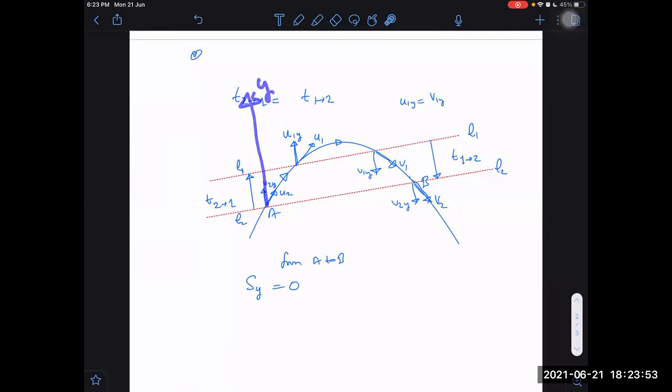I am taking the perpendicular axis as the y-axis, and along the parallel I am taking the x-axis. So the particle goes here. You can treat this line as the x-axis, and this as the y-axis. I can observe the particle again reaching back on the x-axis. If it is reaching back on the x-axis, then the displacement along y will become 0.